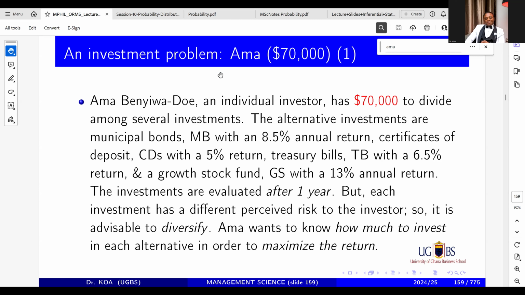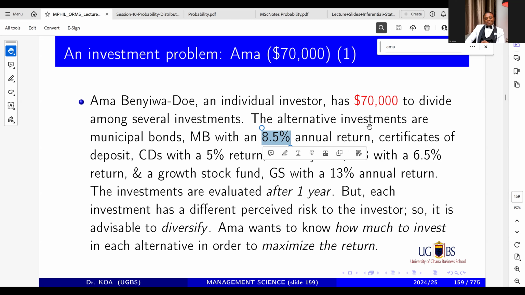You see that this is how your assignment is. Benyiwa is an individual investor. I'm sure some of you know her. She has $70,000 to divide among several investment alternatives. The first alternative is municipal bonds, with an interest rate of 8.5%.